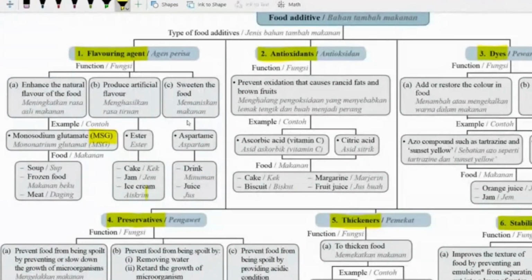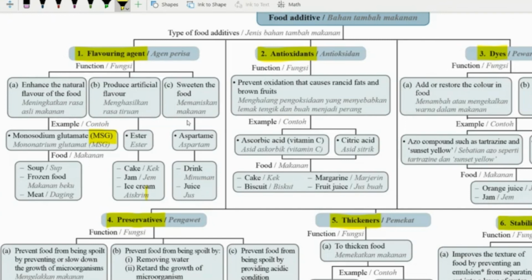This is monosodium glutamate actually. Ajinomoto is the brand, one popular brand we will always see in the market. You can put it in soup, frozen food, meat, any vegetable, anything you want to make more flavorful and tasty.